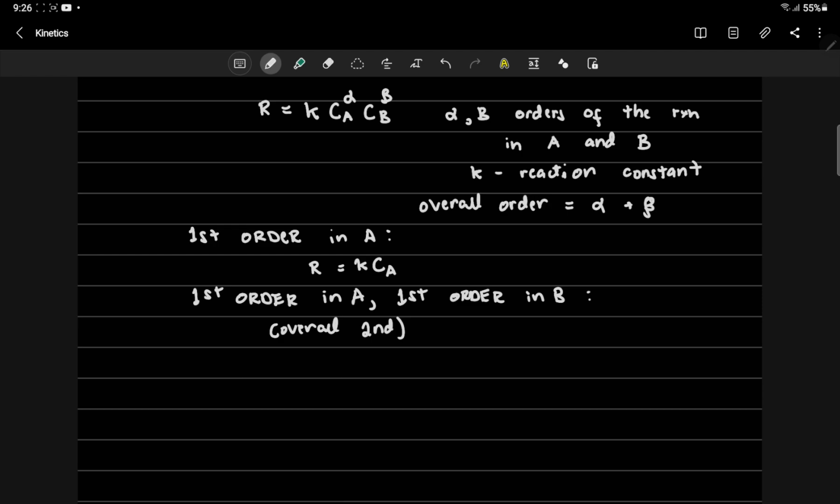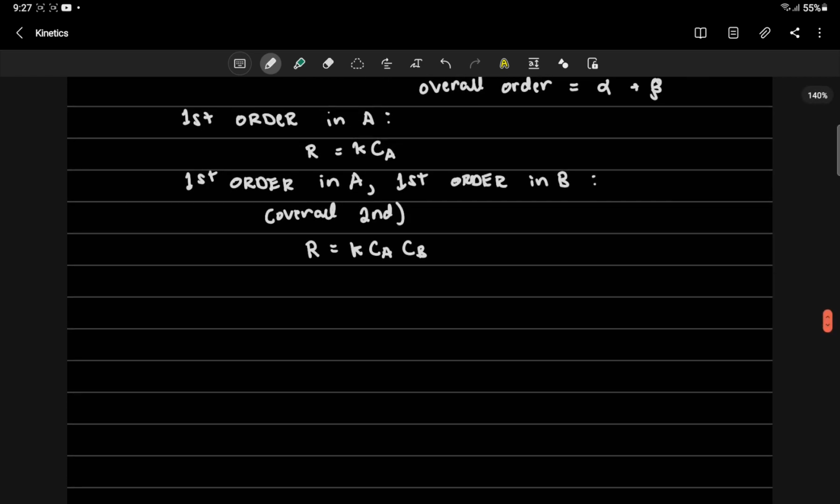So what will be the expression for the rate law? So we will have R is equal to K, CA, CB. Kasi first order in A, so the exponent will be 1. First order in B, so the exponent will be 1. And if you just add alpha and beta, 1 plus 1 equals 2. So therefore, second order overall siya.